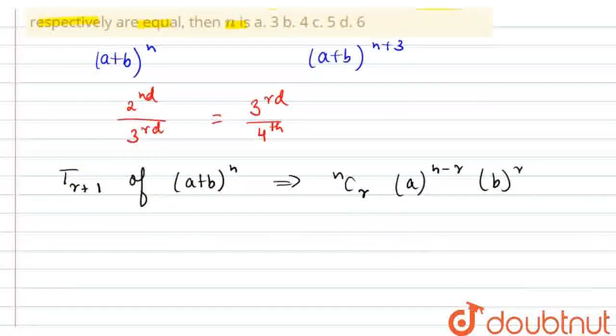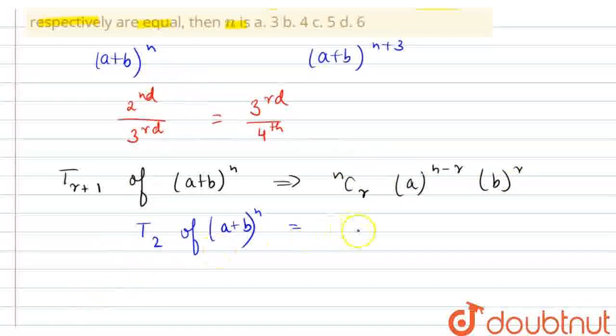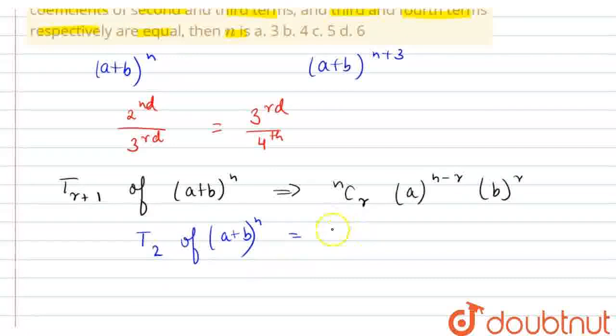So now if we have to take T2, that is the second term, T2 of (a + b)^n will be equal to nCr. First we can write r in the form of 1 plus 1, so it will be easier to write. So we can write nC1 into a^(n-1) and b^1.